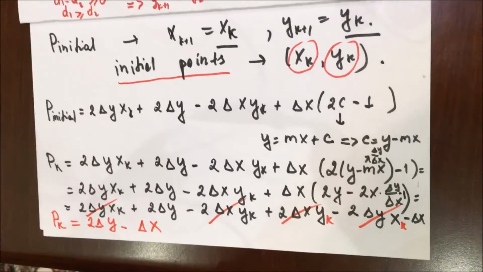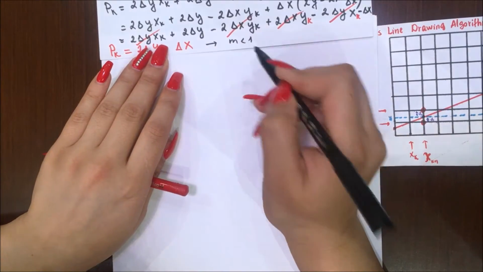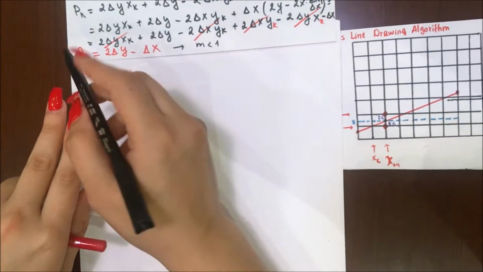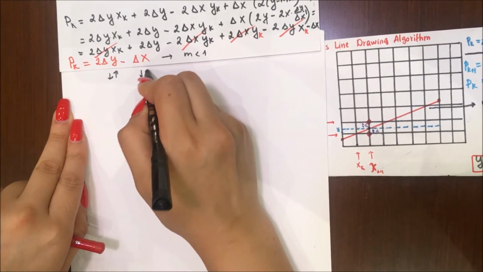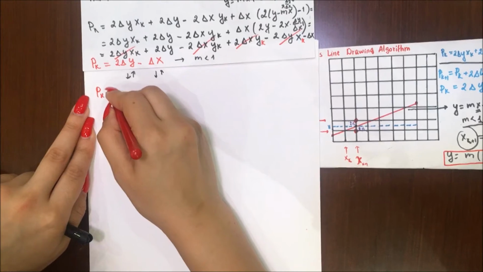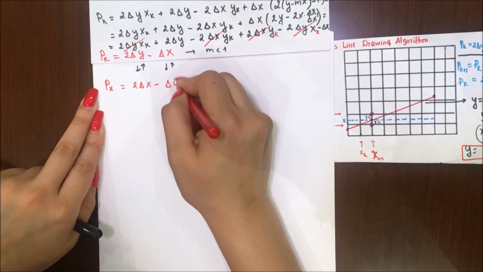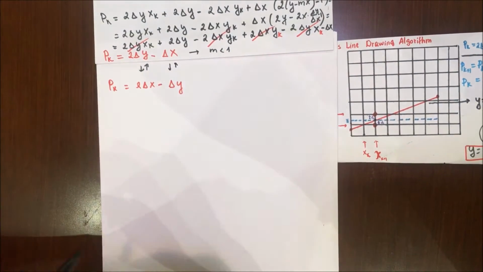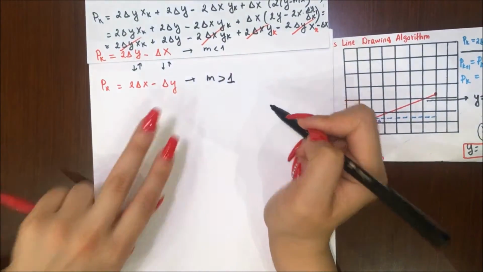This is our initial decision parameter. So initial decision parameter will be 2 delta y minus delta x when slope is less than 1. If slope is more than 1, we will again change the xy parameters. So we will get p initial equals 2 delta x minus delta y when slope is more than 1.